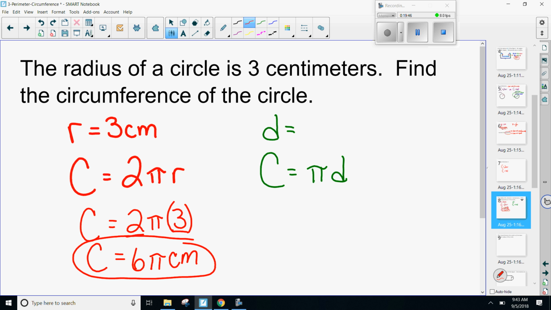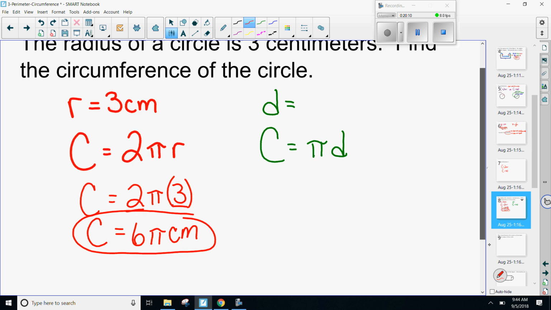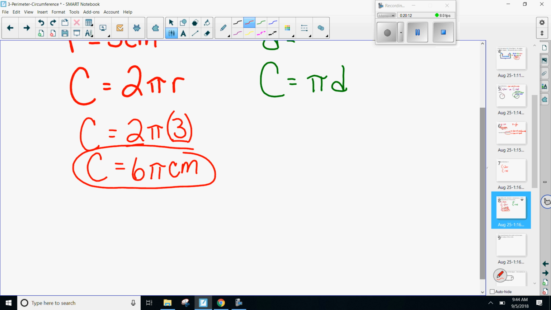If this were a multiple choice question, do you think you could narrow down your answer? If there were 4 answers, do you think you can narrow it down to possibly 2 without doing the calculation? Yeah, because I bet 2 answers are less than 18. I bet 2 of them involve taking 6 and or taking 3 and squaring it and making your number even larger. Now, if you want to know a closer approximate than just 18, go ahead and take 3.14 times 6.